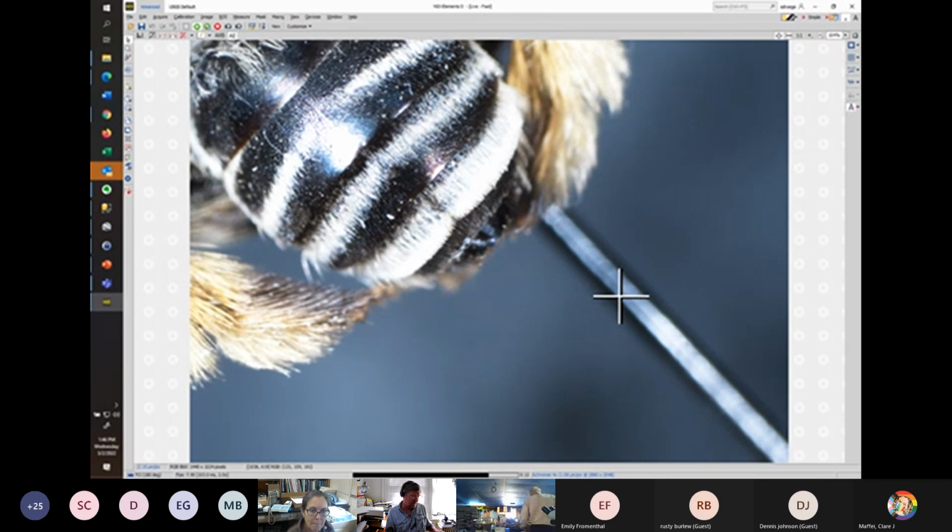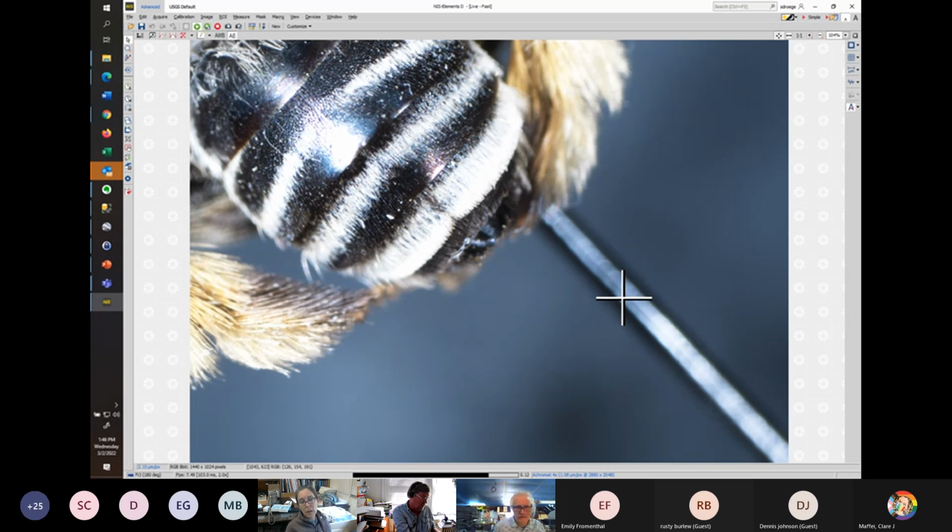Yeah, tinctus is small. Let me see if I have manipularis. I don't have it in the females. Okay, so we do have tinctus here.